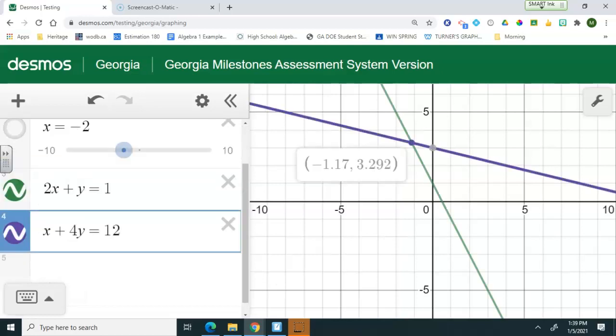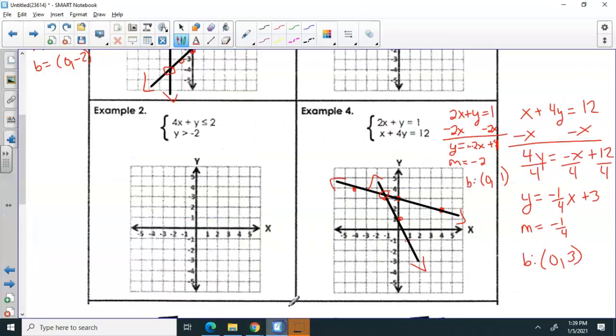If you look here, (-1, 3) is an exact amount. Sometimes you have to estimate. We won't expect you to give us decimals, so you could put (-1, 3).